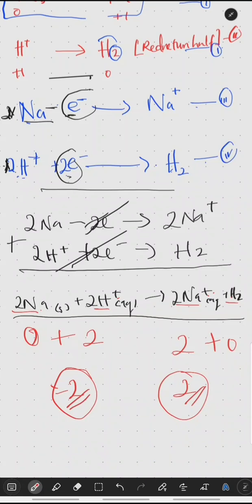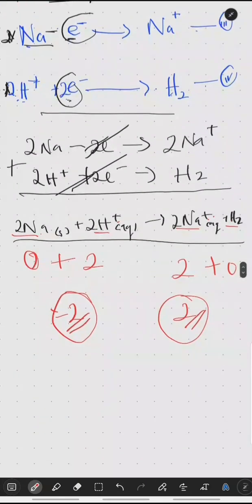I hope that is clear to you. There are many examples that can be formed from this idea, but the greatest thing is that you need to understand that in half cell equation, all you have to do is to split the equation into 2 halves.